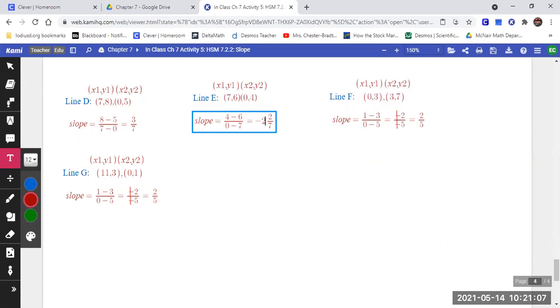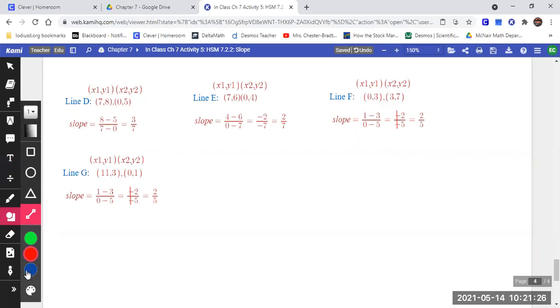That would have been a -2 divided by, oops, back up. -2, we have to highlight it, divided by a -7, which is the same thing as 2/7. To remind us that it doesn't matter whether we start with bubble 1 or bubble 2, because those negatives will cancel each other out. When we're looking at negatives, it doesn't matter if the negative's on the top or on the bottom, it's still negative.